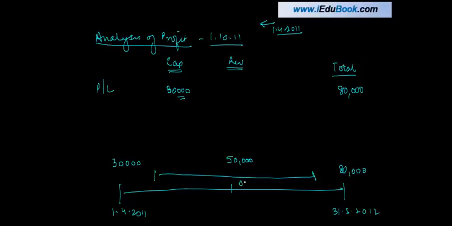Now my acquisition happened on October 1, 2011, which means there is a 6 months period after the date of acquisition and a 6 months period prior to the date of acquisition, right? So this 50,000 represents profit earned during these 12 months, 6 plus 6, out of which 6 months are pre and 6 months are post acquisition.